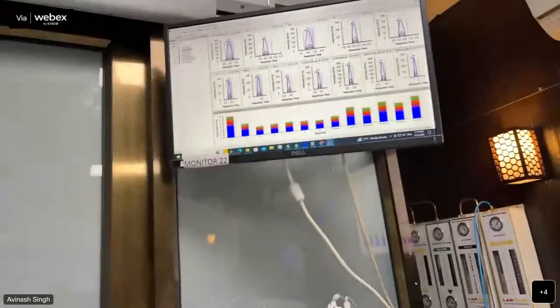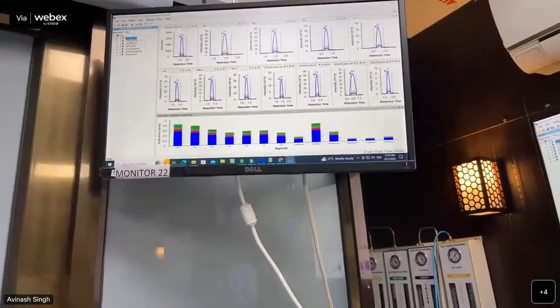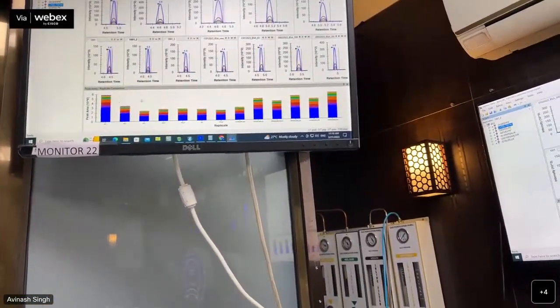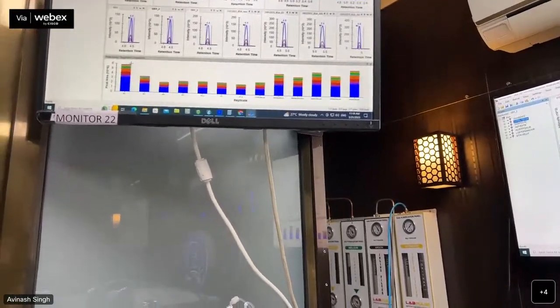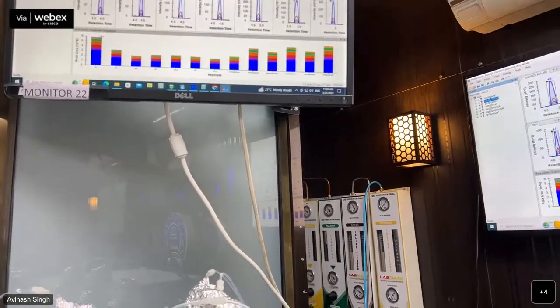Here it is the BSA protein which I am showing. It has different peptide outputs, and this is the peak, and the bar plot is showing the intensity of the BSA.